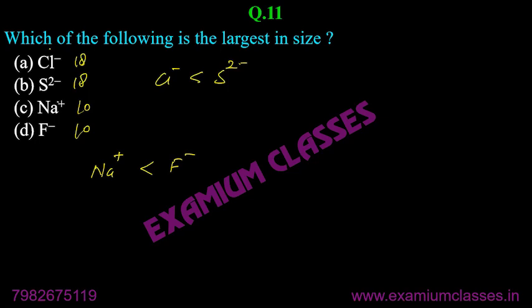Okay. So basically, here you have, this is not an exception like lithium and magnesium, because in case of lithium and magnesium there is a huge difference, percentage wise, in number of protons, 3 protons to 12 protons. Four times protons.